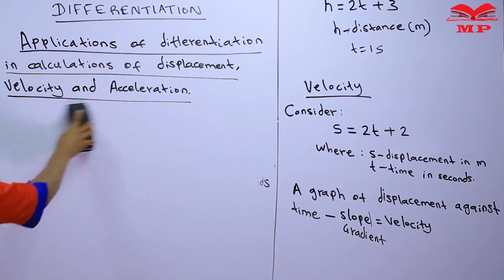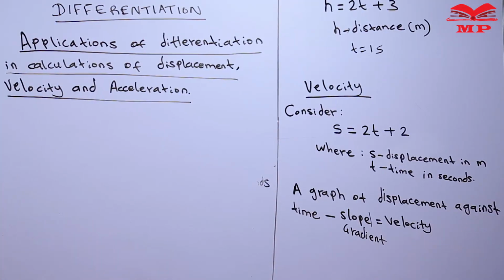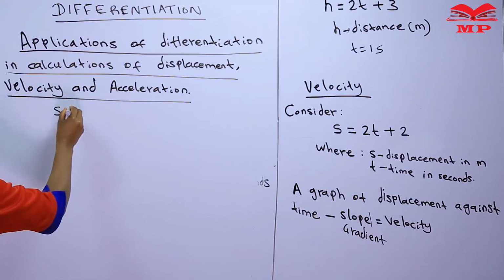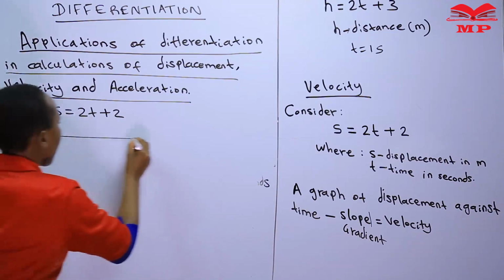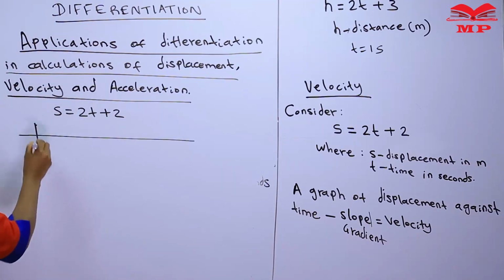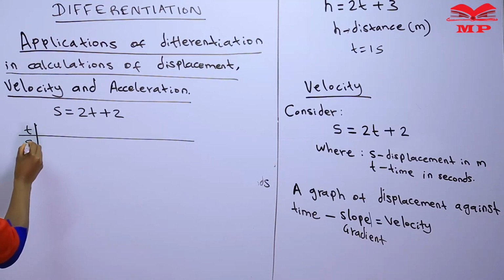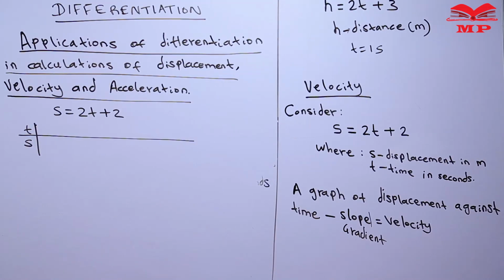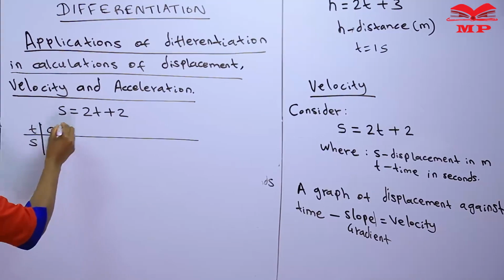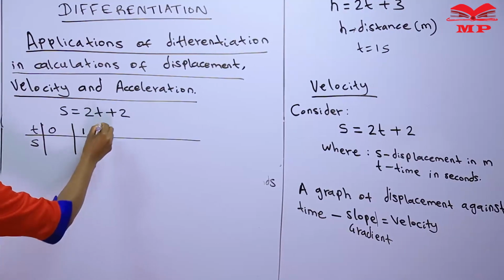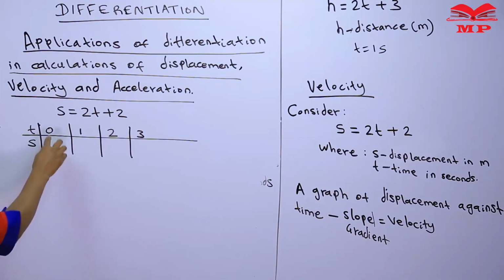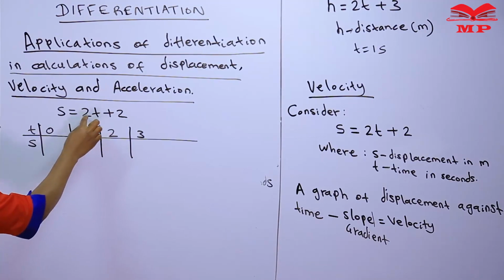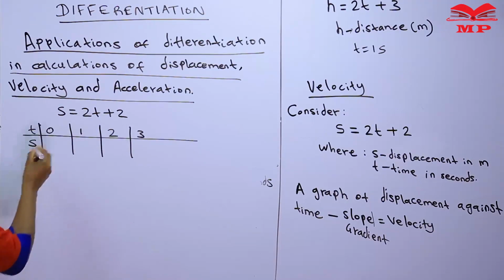We can have like 4 points, whereby we have our equation s is equal to 2t plus 2. We can have a table with time and displacement so that we can plot a displacement time graph. When time is 0, we have 0 times 2, then plus 2, which is 2.